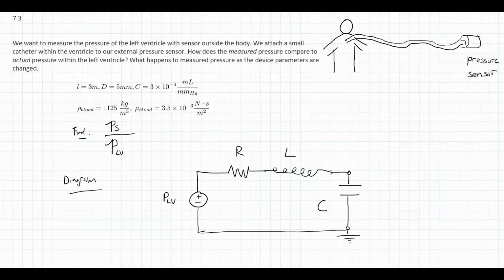And what we are interested in is the pressure across the capacitor. So basically, if we fill in the nodes here, this is going to be 0 since it's at a ground. We are going to have what we are going to call PS, which is also the pressure over here.